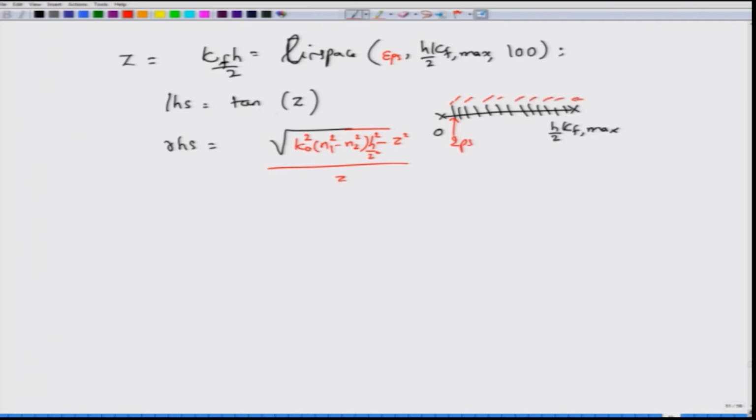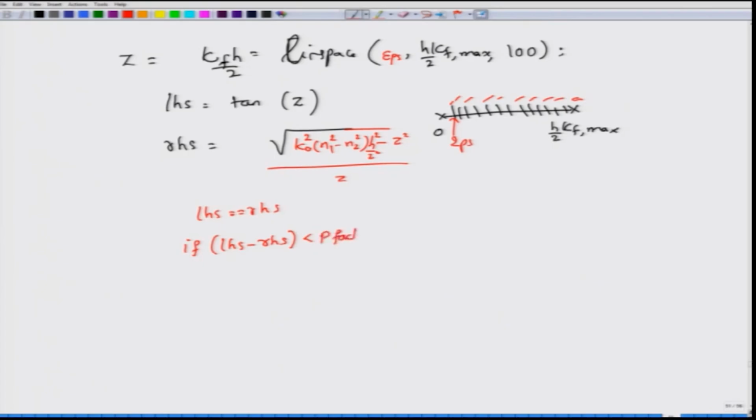So, you create the left hand side array and the right hand side array, and then find the points where LHS is equal to RHS. Now, equals is a very interesting condition. Therefore, what you normally do is subtract LHS from RHS and check whether the difference between these two values is less than some predefined factor.